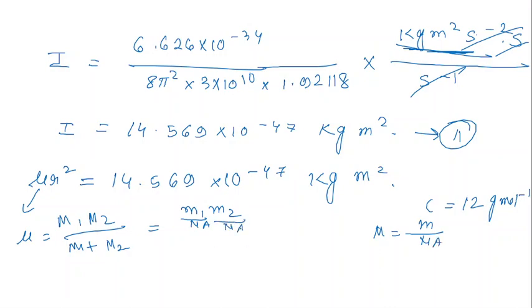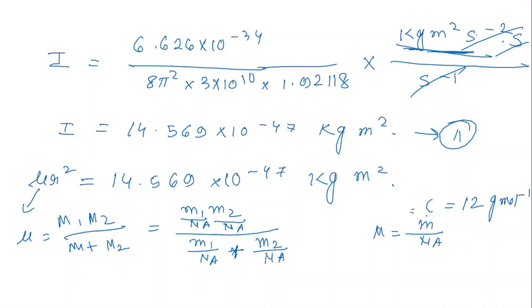So this value you have to write here: m1 by Na, where Na is the Avogadro number, m2 by Na. Per mole you have to calculate. Per mole you have to calculate.